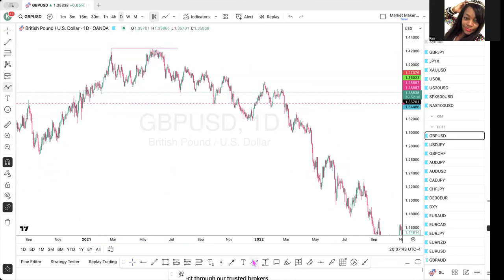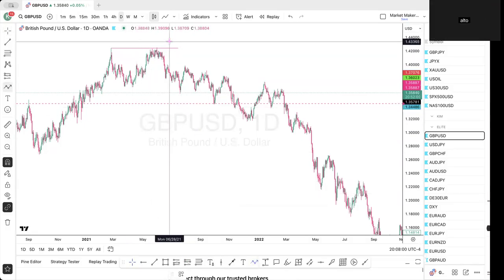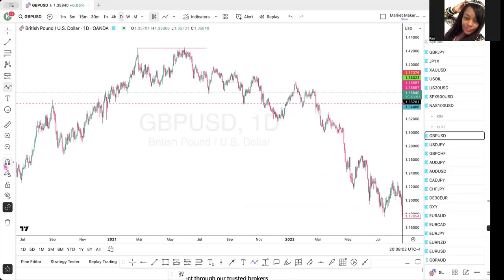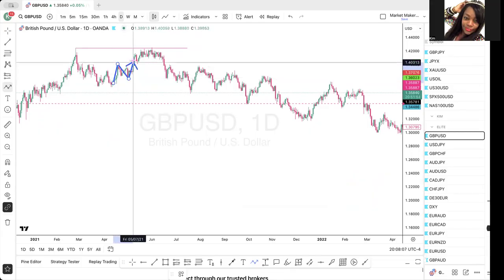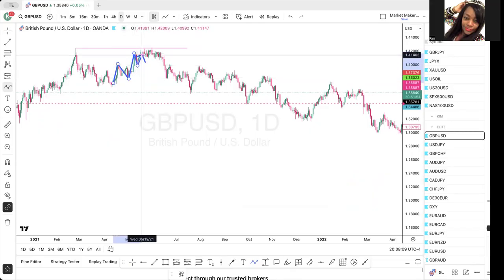I would be looking for price to close above, break this internal, and then pull back to start selling. It did not close above, right? But this was the last internal structure here.